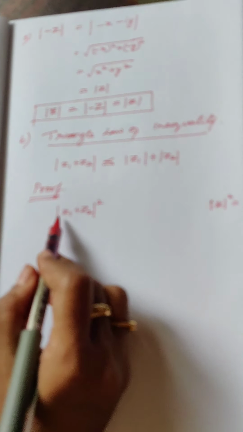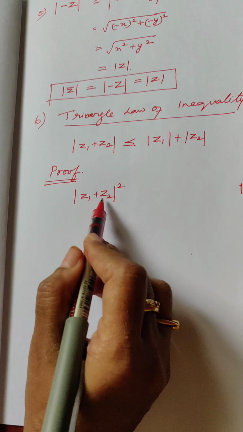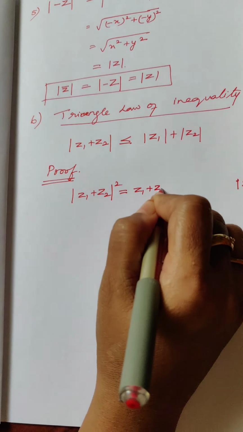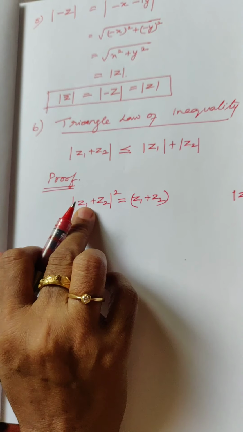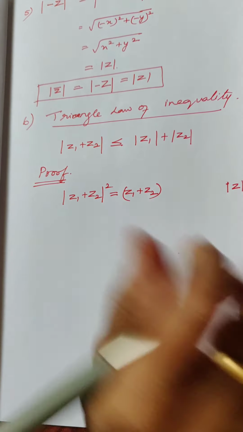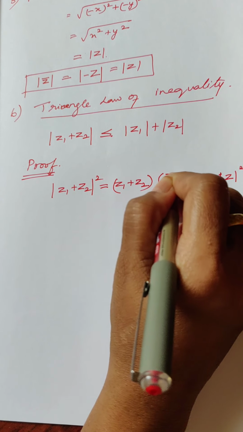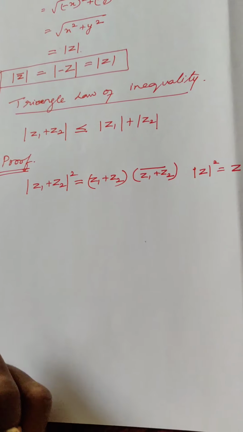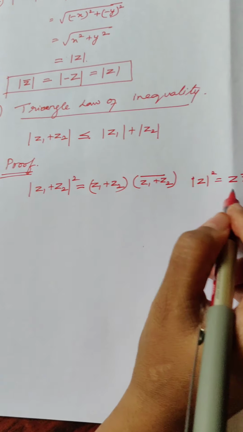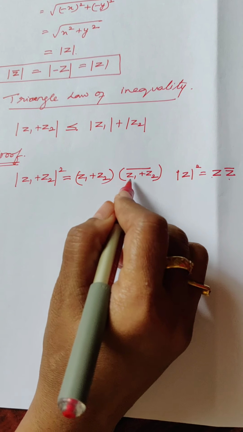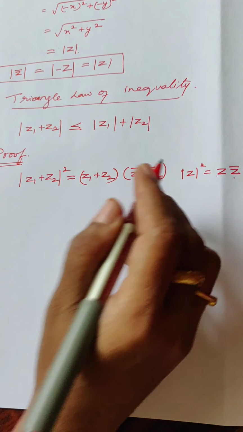So inside the modulus, what do we have here? z1 plus z2. So I take z1 plus z2 into its conjugate, z1 plus z2 the whole bar. Is it clear now? Similarly, I write this as z1 plus z2 into z1 plus z2 the whole bar.